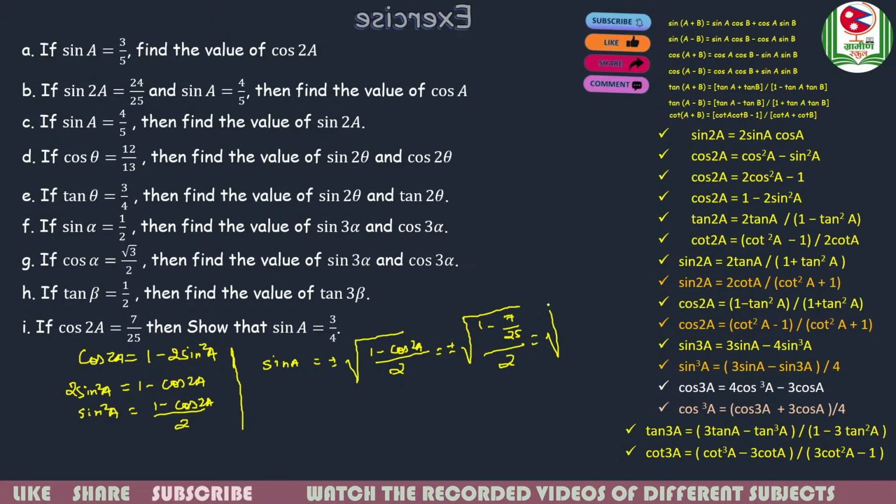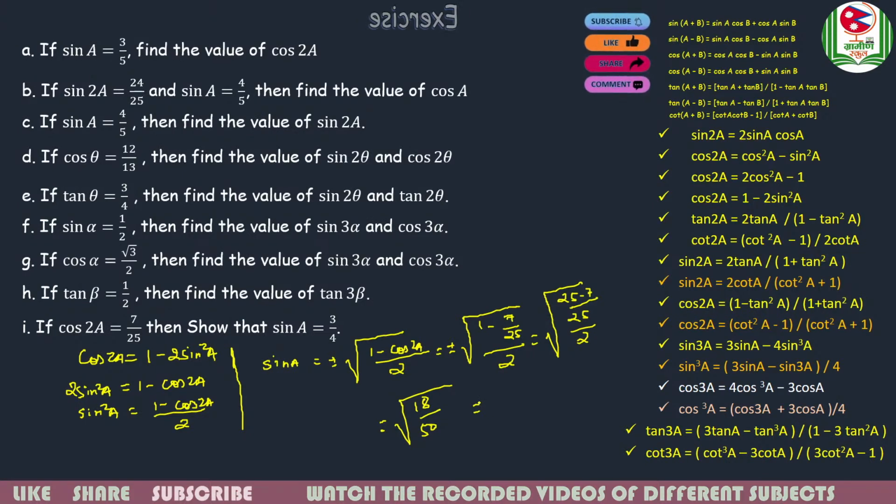So the result will be 25 minus 7 upon 25 by 2. So the result is root under 18 by 50.